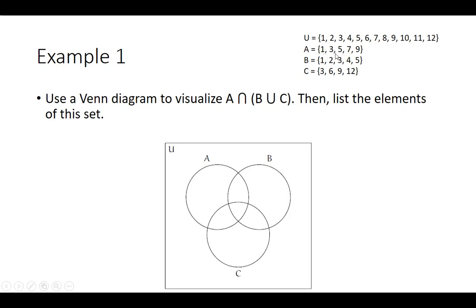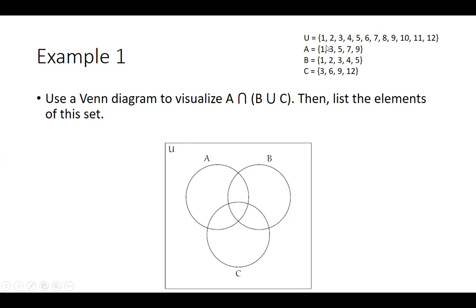A is still 1, 3, 5, 7, 9. B is still 1, 2, 3, 4, 5. And we're introducing the set C, which is going to be containing the elements 3, 6, 9, and 12.